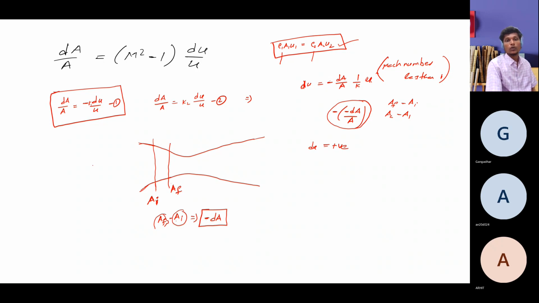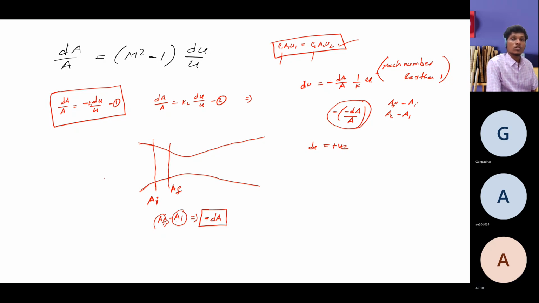What is equation 1 corresponding to? For equation 1 you have taken subsonic flow, Mach number less than 1, and for equation 2 it is supersonic flow.